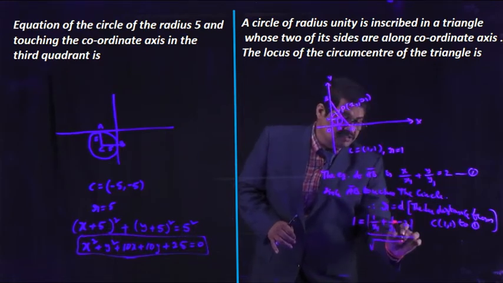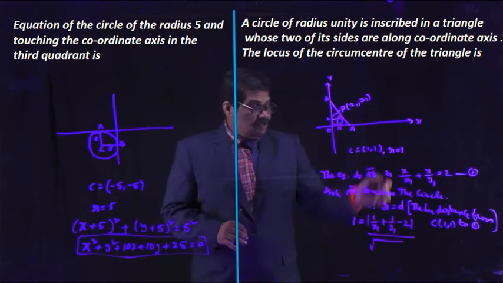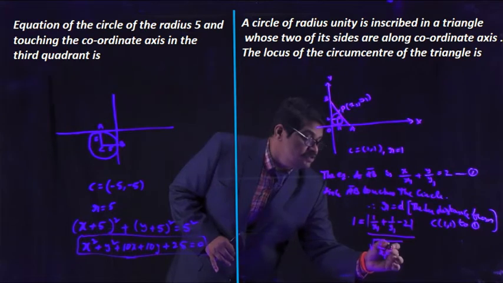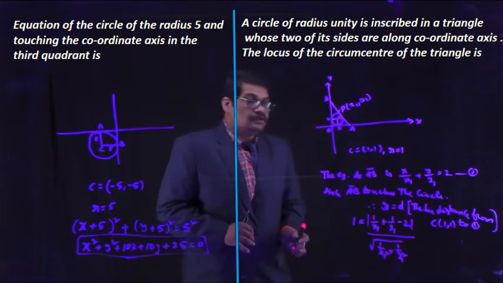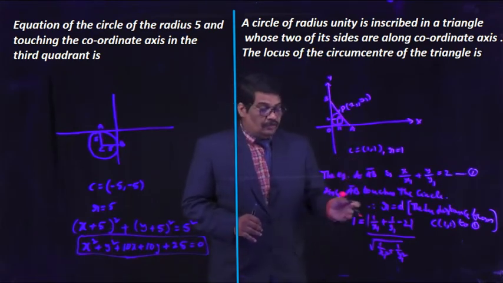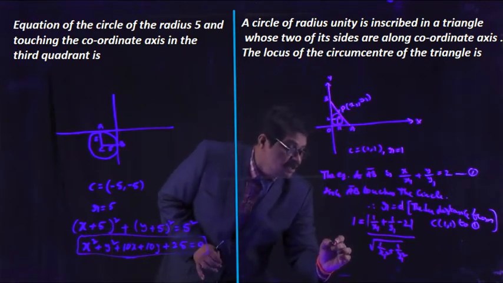Here a square is the x coefficient squared, that is 1 by x1 whole square, and b square is 1 by y1 square. So that is the distance from a point to the line. Now we cross multiply and square.